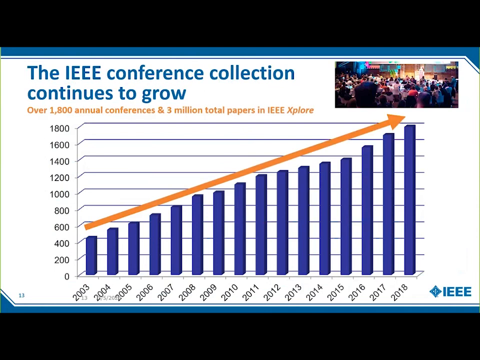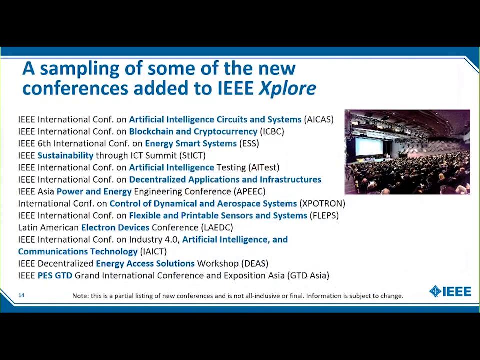But where you see the most growth is the conferences. So as I mentioned, many technologies are premiered at conferences, sometimes months before they premiere in a journal. And the reason the conferences grow so much is because the technology grows so much, right? So as emerging technologies appear, new conferences appear to address those areas of research. And this is just a sampling of some of the new conferences that were added to IEEE Xplore recently.